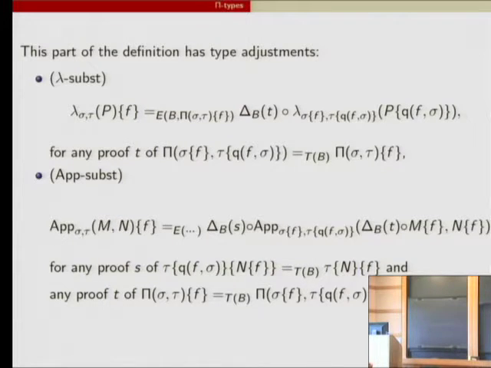Okay, so I just put the types of those also here. So here appears again a coercion. And this is any proof. Well, there is a proof of it, so any proof will do. For application, we have two of them, one there and there.